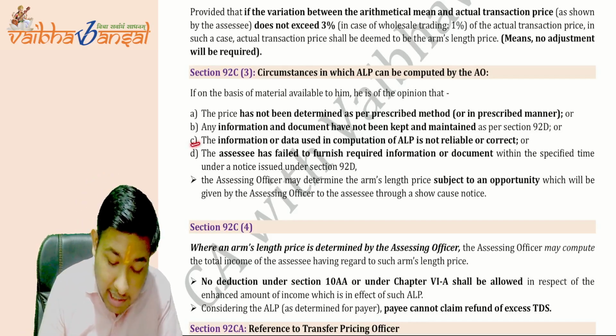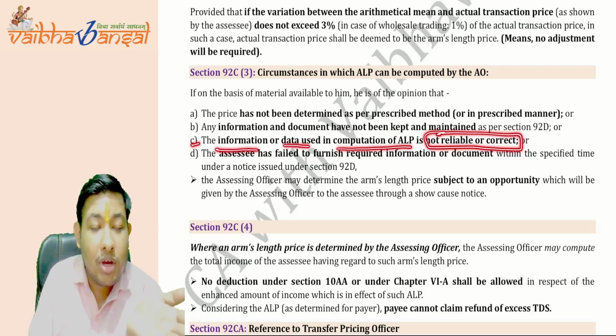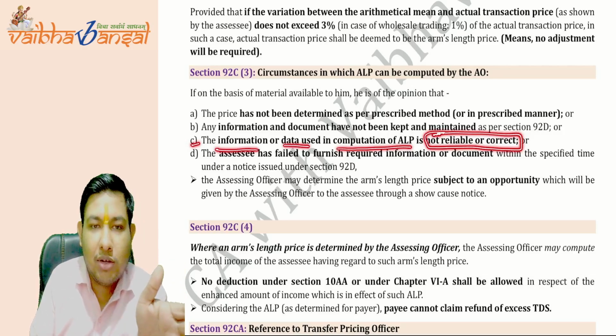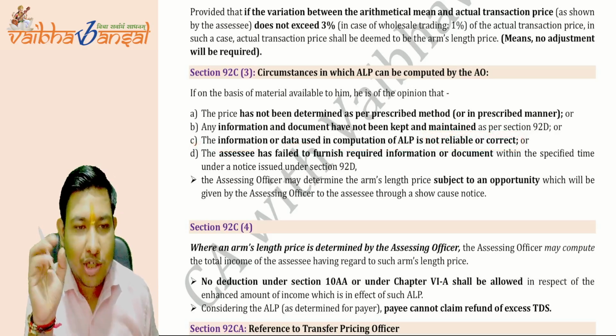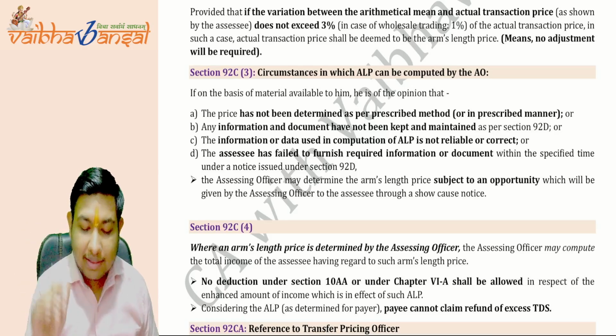Then the third point: any information or data used in the computation of ALP is not reliable or correct, or the AO has reason to believe or doubt that the data you have given for computation of the ALP is not correct or reliable.